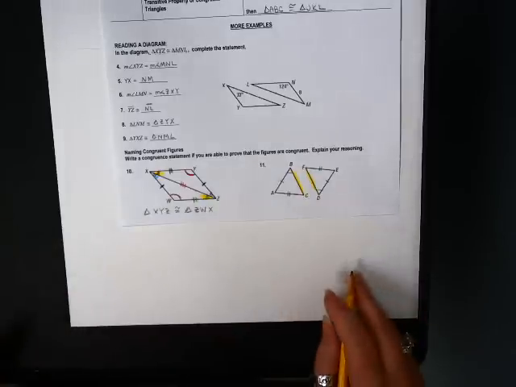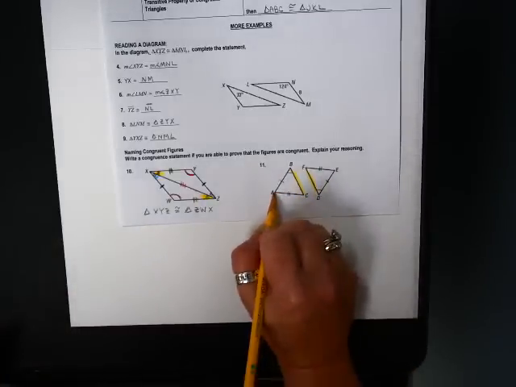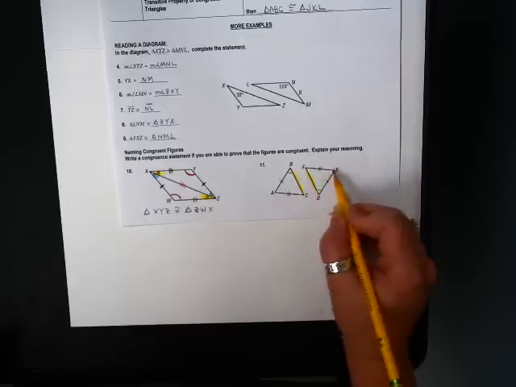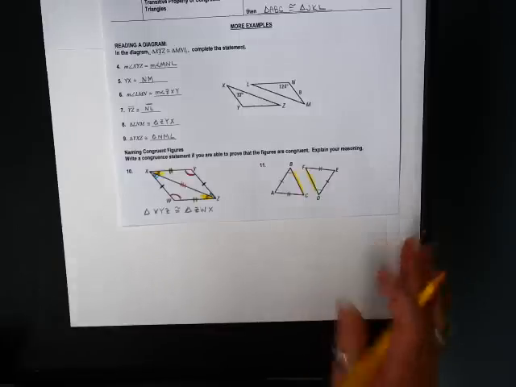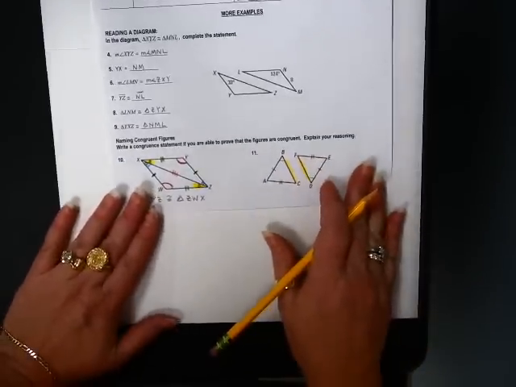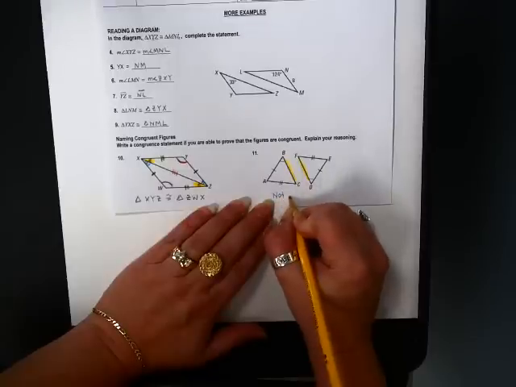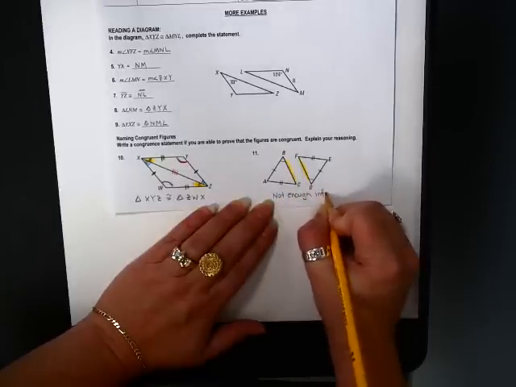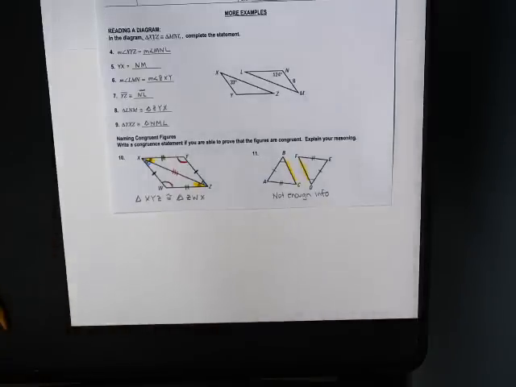I cannot assume that. Also, I cannot assume that A, that's across from the yellow, and E, which is across from the yellow, these angles right here, I can't assume that those are congruent. So, in this one, I don't have enough information. So, I have to put not enough info. Okay, that's it for today's notes 4.2.